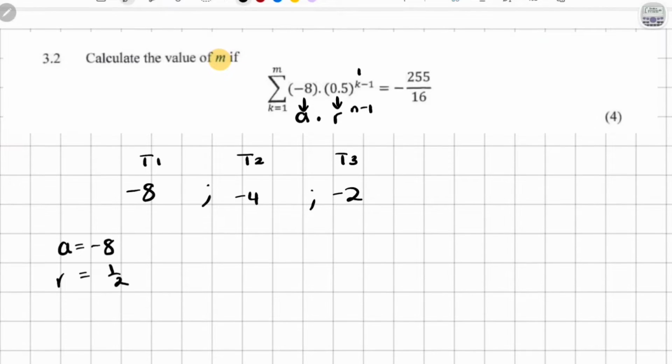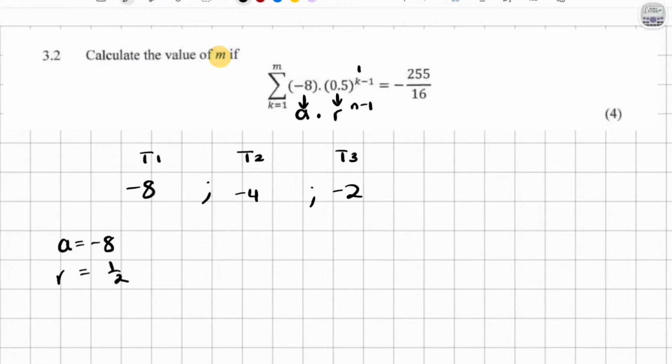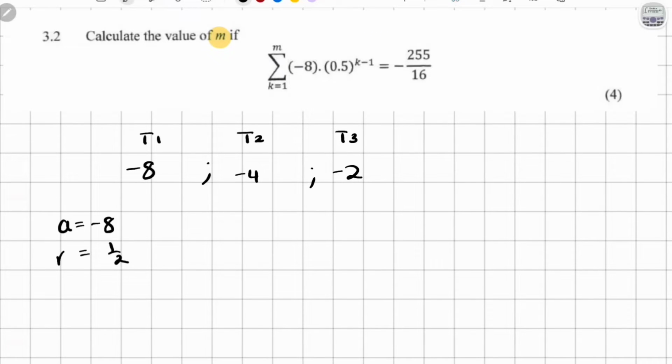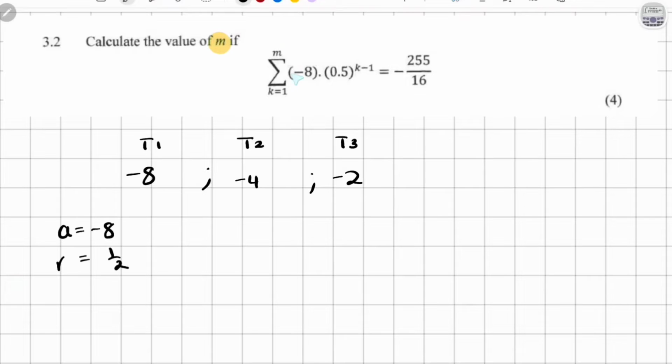Okay, so now that we know what all those are, how do we find the sum of the series? How do we find m really if the sum of the series is equal to this number? I'm only going to explain this because it is necessary. In this case, it's not really needed, but I'm still going to explain this. Since we are working with sigma, sigma is speaking about the sum, meaning we're using a sum formula.